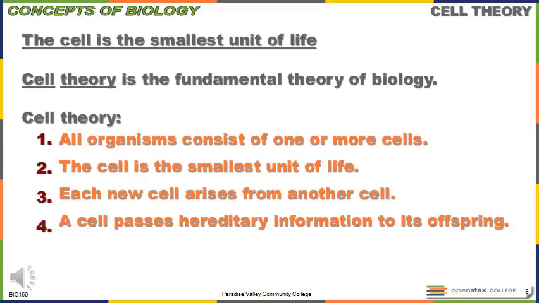Remember, I'm always talking about how an organism's goal is to find a mate and reproduce and pass on its hereditary information to its offspring so that they can go on, find a mate, and reproduce and pass on the hereditary information. This hereditary information being passed on is critical to the survival of every species on the planet.